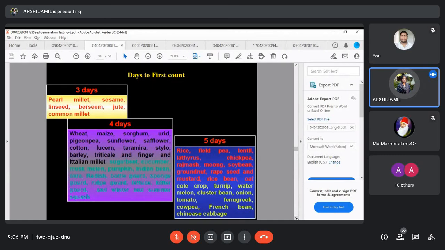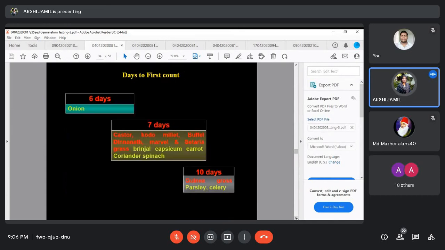In crops like wheat, maize, oat, bean, pigeon pea, bottle gourd and sponge gourd, we have the first count on the 4th day. In seeds like chickpea and rajma, which have a harder seed coat, as you would have seen when making chana or rajma at home, we soak them for at least 5 to 6 hours because their seed coat is harder. Similarly turnip and melons have a harder seed coat, so their first count is generally 5 days.